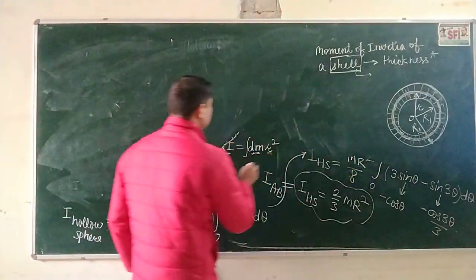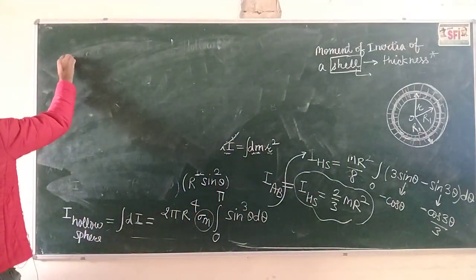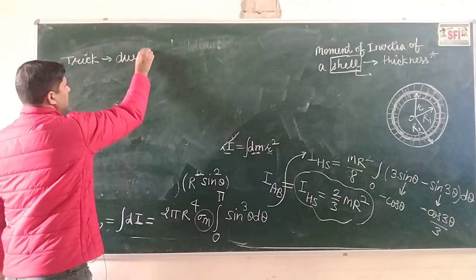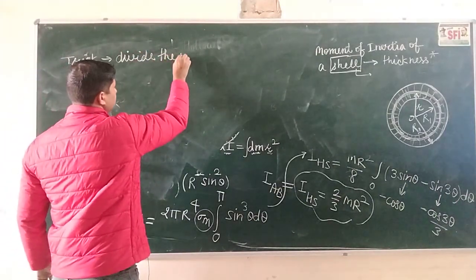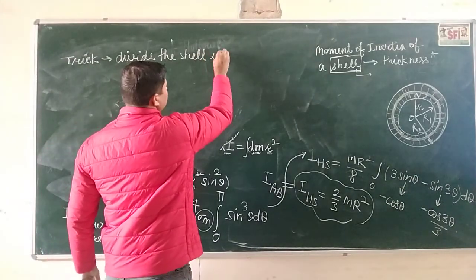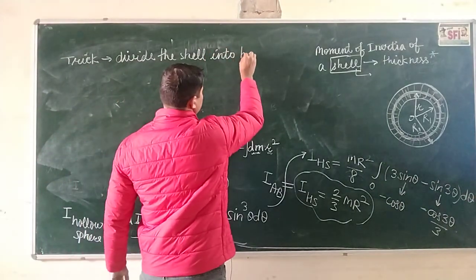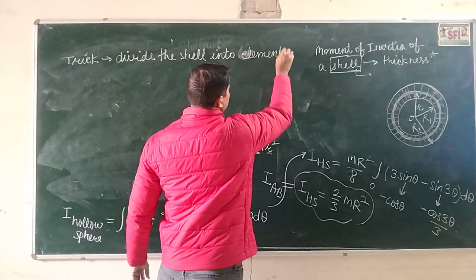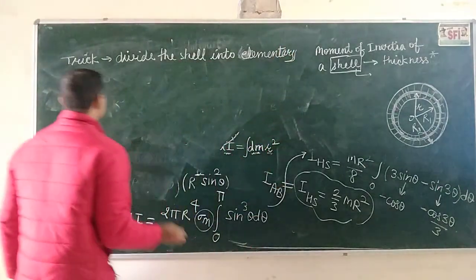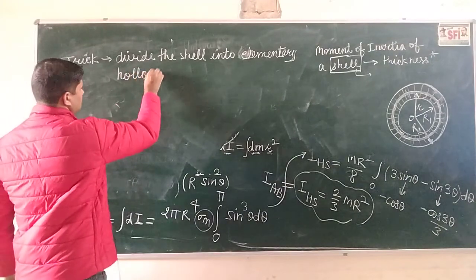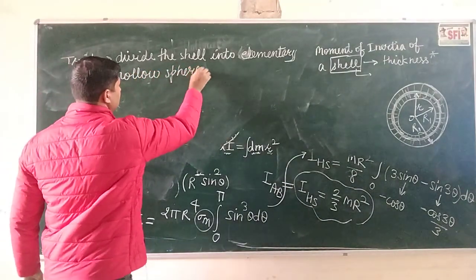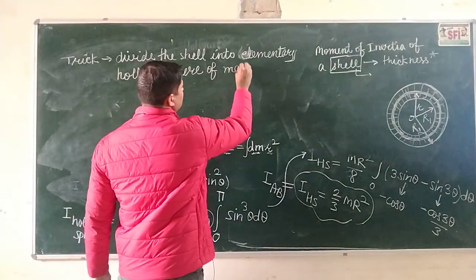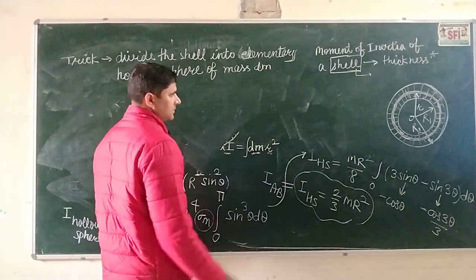Firstly, the trick is we will divide the shell into elementary hollow spheres of mass dm.